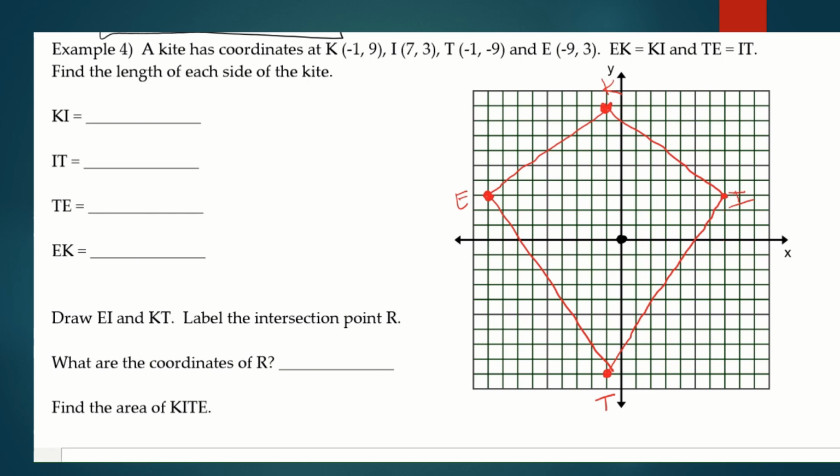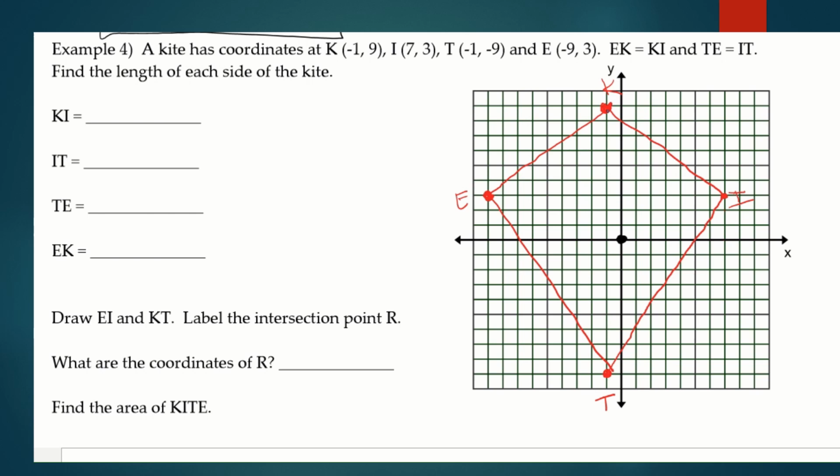So what I'm going to do is I am going to start kind of creating some right triangles here. So the first thing I'm going to do is to find side KI. I'm going to create a right triangle where, starting at point K, I'm going to draw a vertical line down to meet where point I is located.